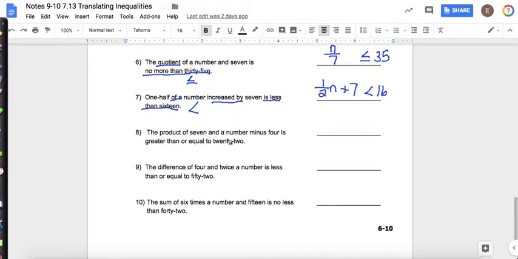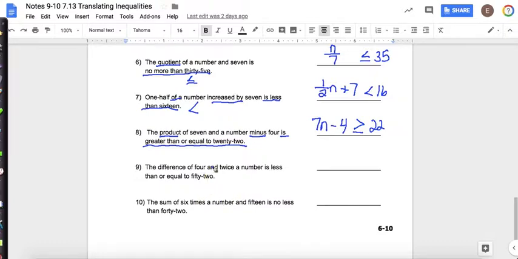Number 8. The product of 7 and a number minus 4 is greater than or equal to 22. Now that one's easy, greater than or equal to 22. The product of 7 and a number, so underline product and minus. I know product means multiply, so 7 times a number minus 4.